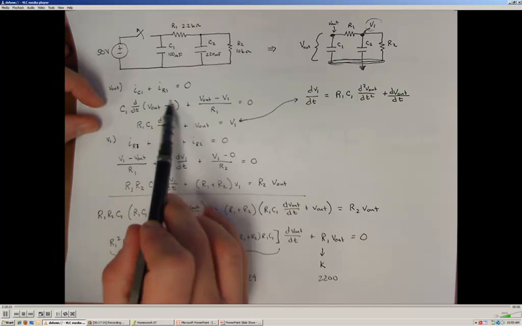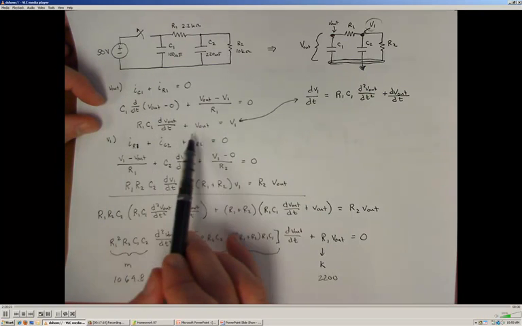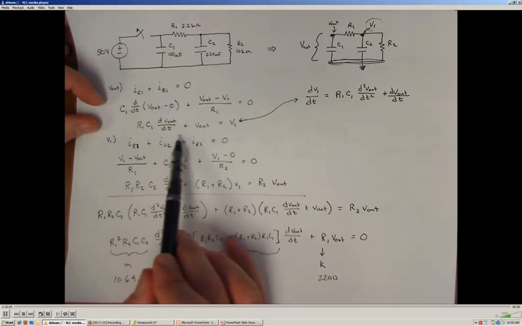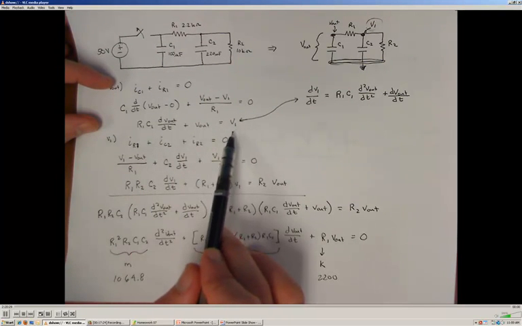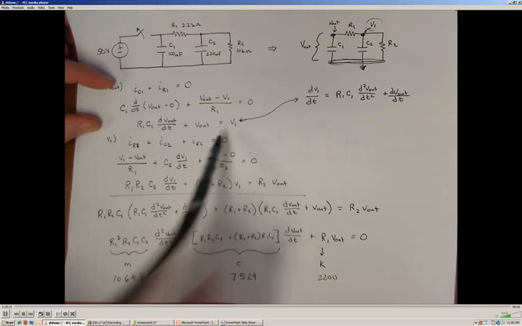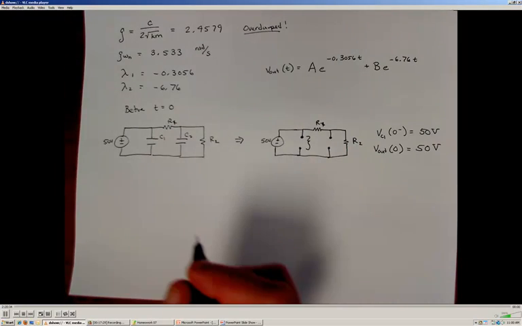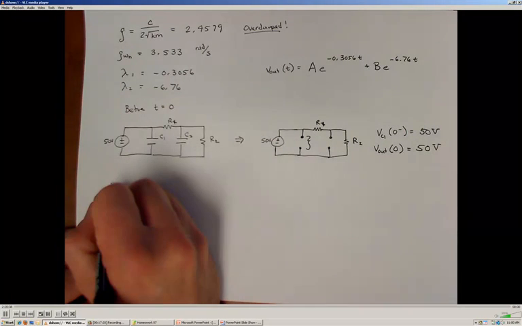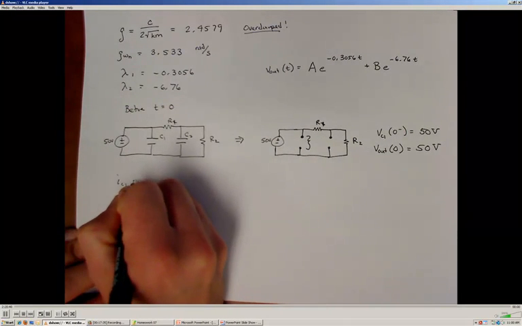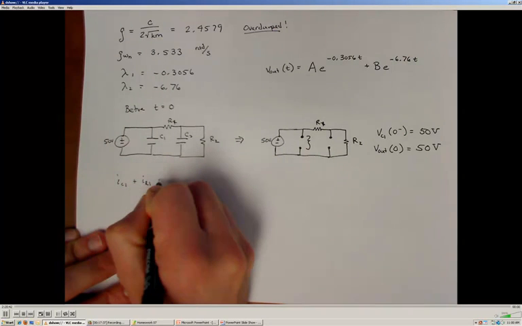Alright, so we apply Kirchhoff's current law, but we also see that we can derive our first order equation based off of Kirchhoff's current law. Alright, so we said that right after this switch opens, the current through capacitor 1 plus the current through resistor 1 had to sum to 0.